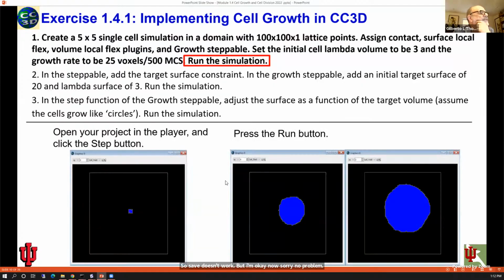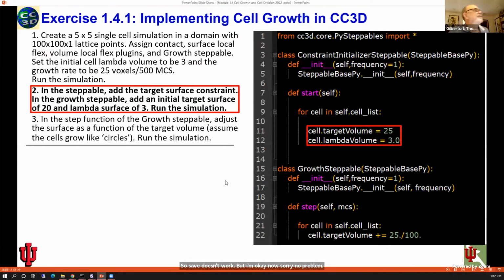Let's go. Now we go to the second exercise. In the steppable file, you add a target surface constraint and an initial targeted surface of 20 and lambda surface of 3.